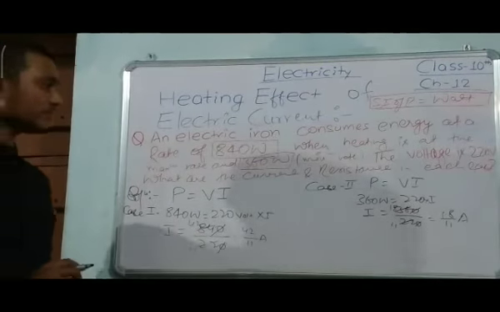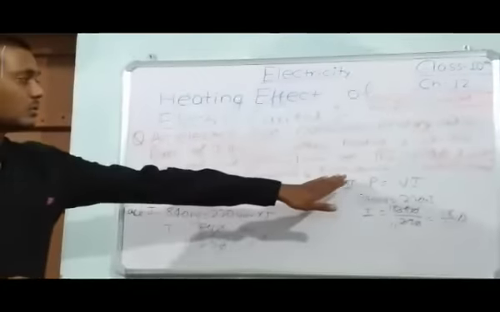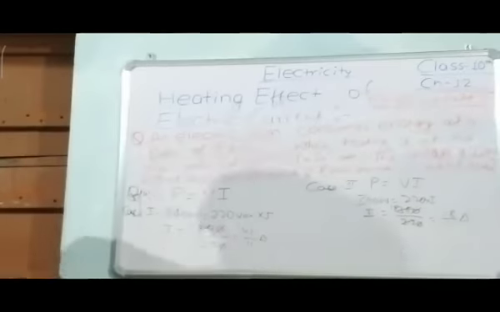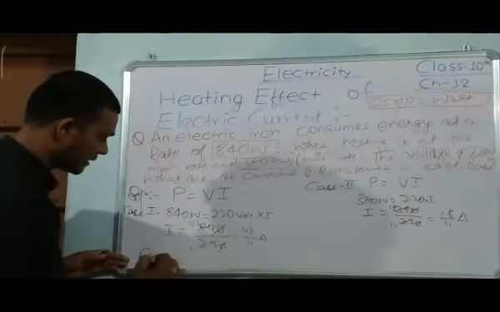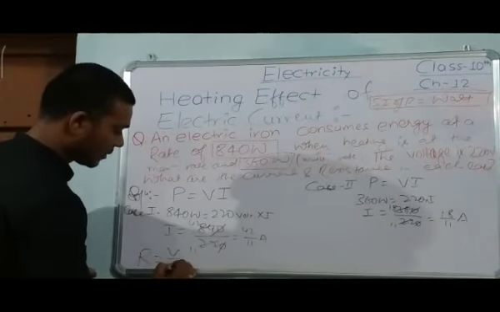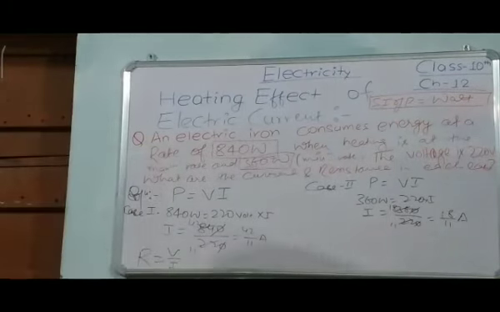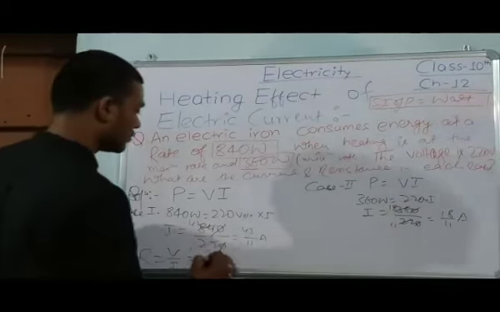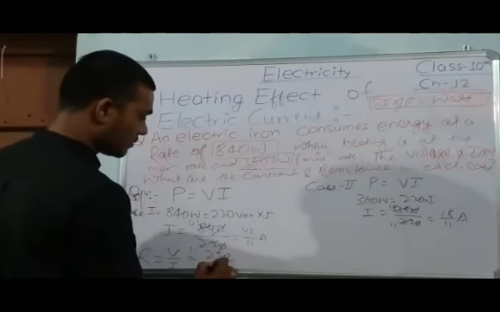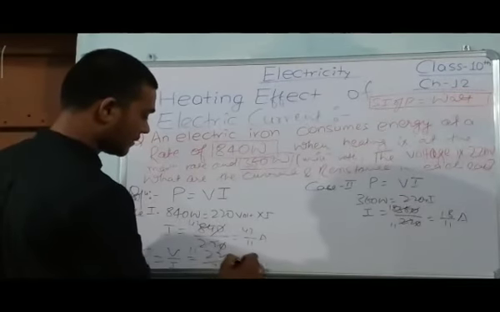Now we also have to find out resistance in each case. So here we know that R is equal to V upon I. Here V is equal to 220 and I is equal to 42 upon 11.